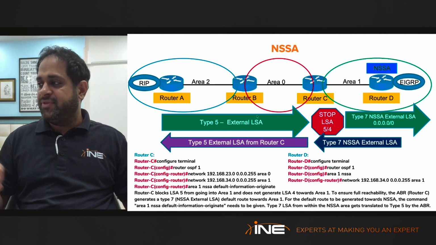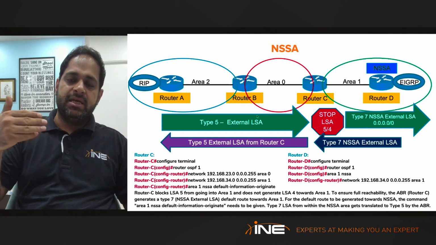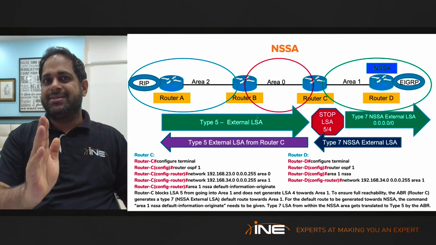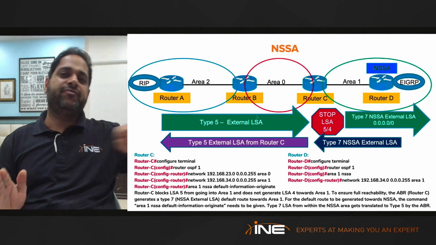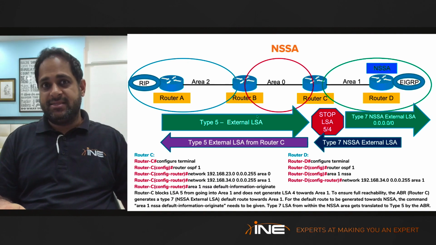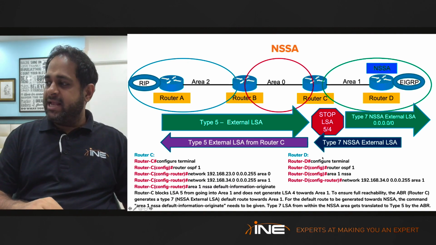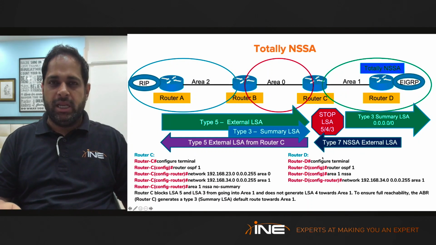So if you look at the type 7 coming from router D, it reaches router C, which blocks type 7 and sends type 5 throughout the OSPF domain. This is NSSA.